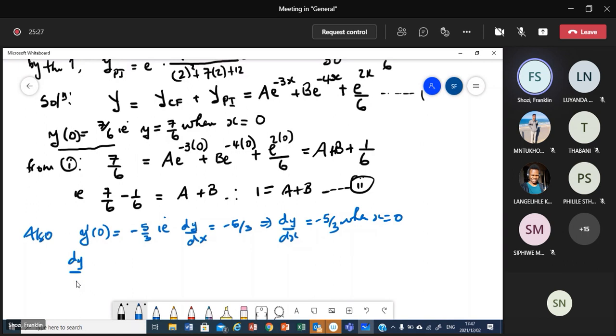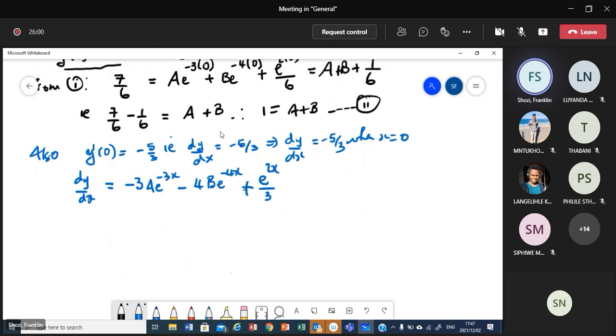Therefore, dy over dx is equal to minus 3a e to the minus 3x, next one, minus 4b e to the minus 4x. The derivative of e to the power 2x is 2e to the power 2x over 6, which on its own becomes e to the power 2x over 3. What is it that we know?